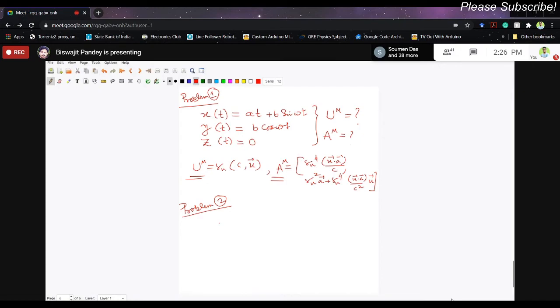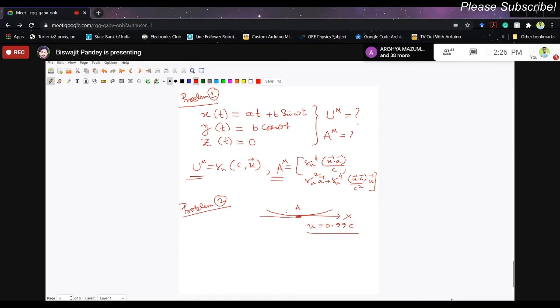Now suppose a particle is moving on a plane. Of course you can move in any other dimension. It is moving on a plane with relativistic velocity, and suppose this is point A, and at this particular point the instantaneous velocity of the particle is given as u equal to 0.99 c.